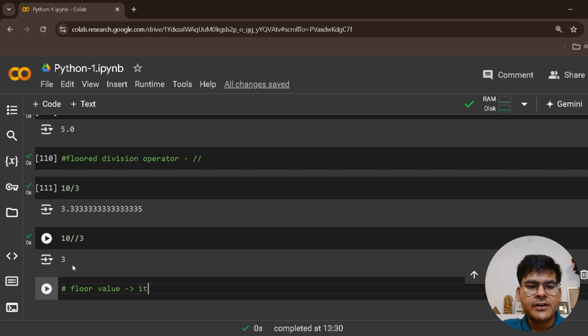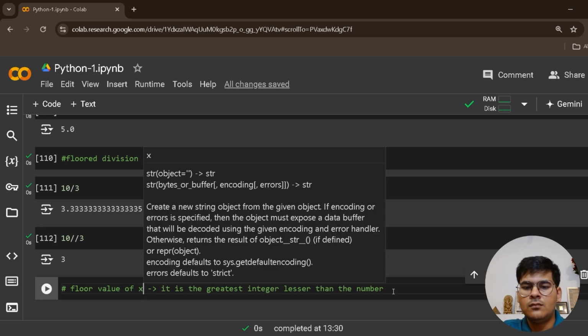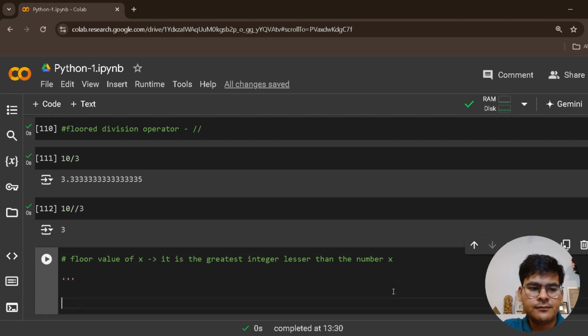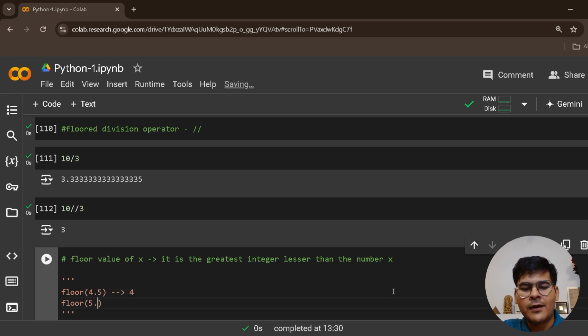It is the greatest integer lesser than the number X. For example, floor value of 4.5 will be 4. Floor value of 5.7 will be 5.